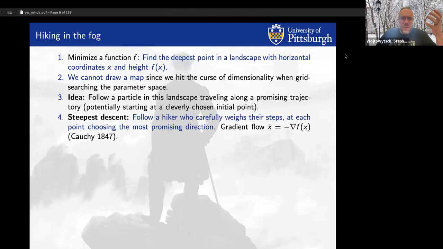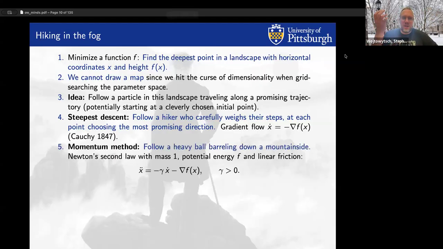The most classical one of these trajectories would be the steepest descent or gradient flow method, where essentially we picture a hiker who can't see very far, but we can always look at the ground at our own feet, and we keep walking in the direction of steepest descent and hope that gets us back to the valley. This goes back to roughly 1850.